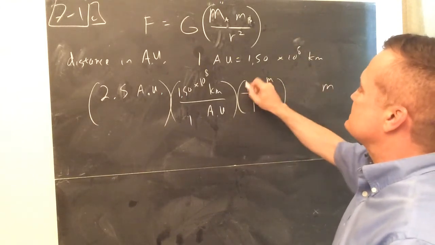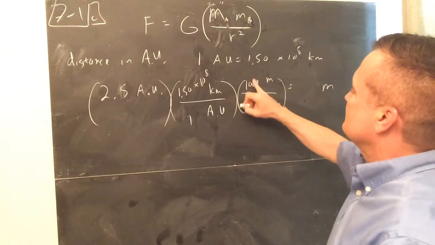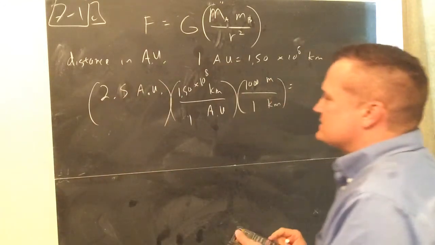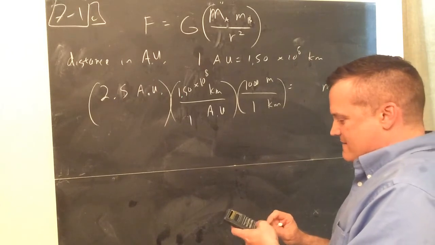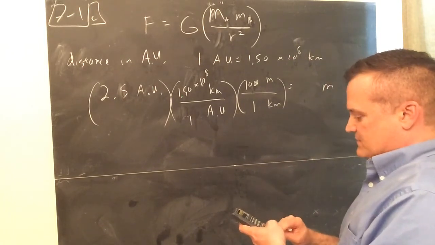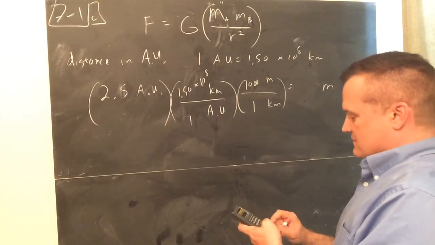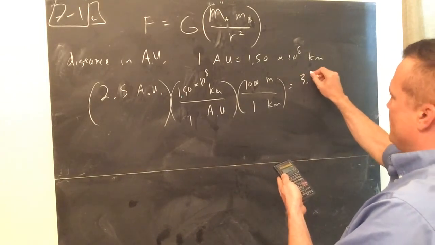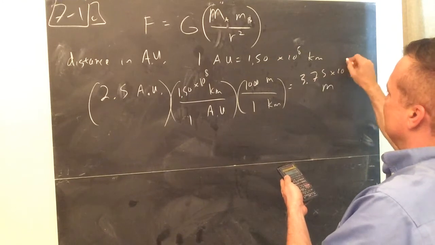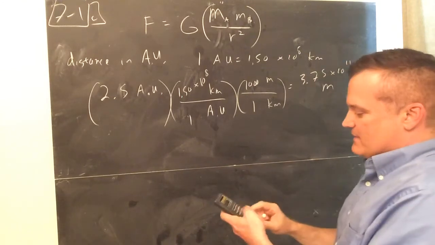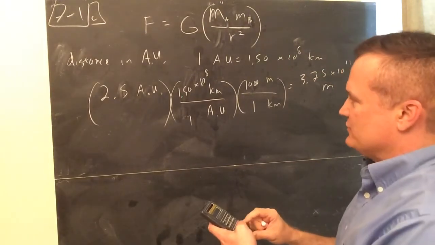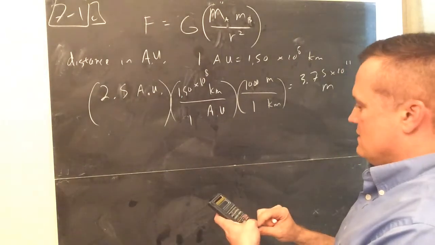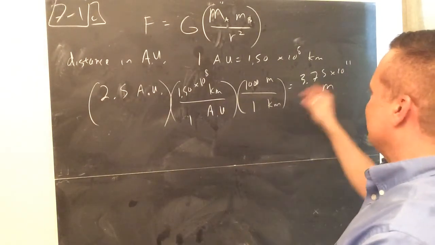Because 1 kilometer is 1,000 meters. So if we say something is 2.5 AU away, times 1.50 times 10 to the 8, times 1,000. It's a really big number, but 3.75 times 10 to the 11th meters. That's what 2.5 astronomical units would be. Double checking it. 3.75 times 10 to the 11th meters.